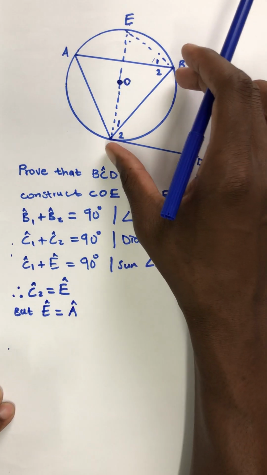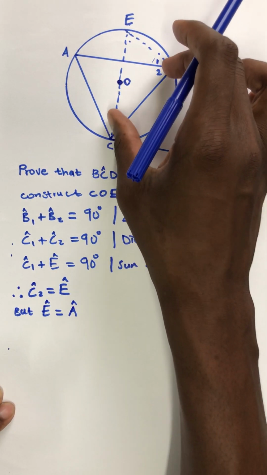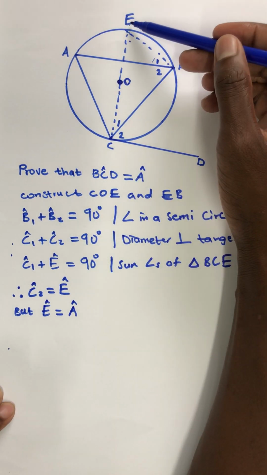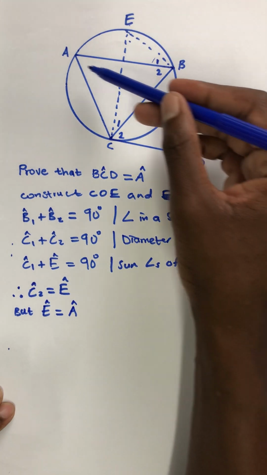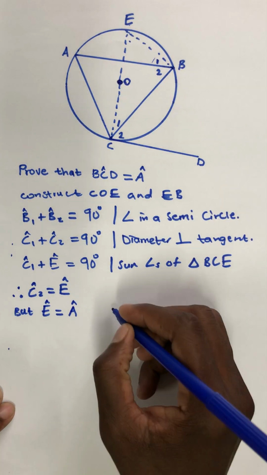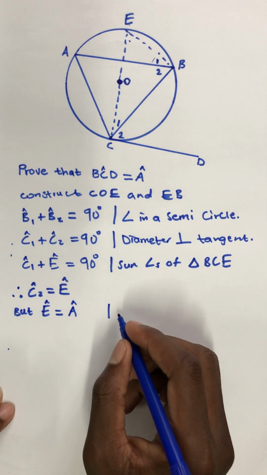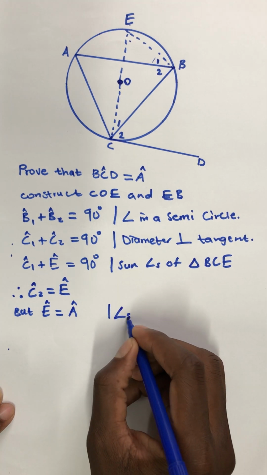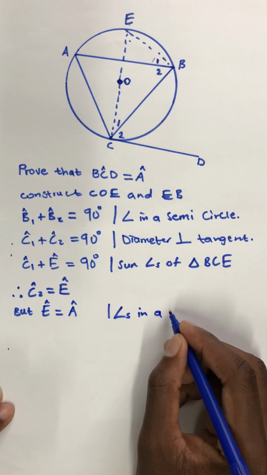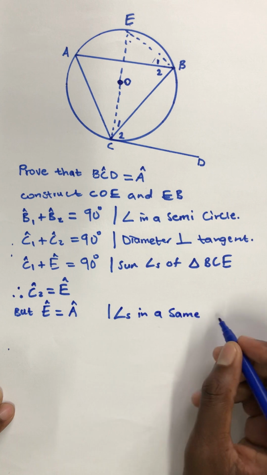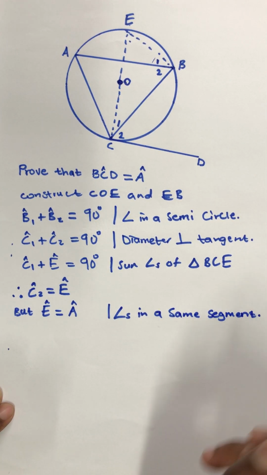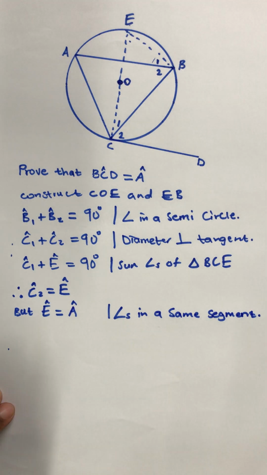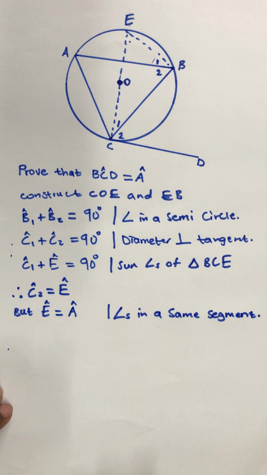When we hold this chord, when we move, we get angle E, and then we come back to the same chord, and it takes us to angle A. So what is the reason? The reason is these are angles in the same segment, or they are subtended by the same chord, which is BC.